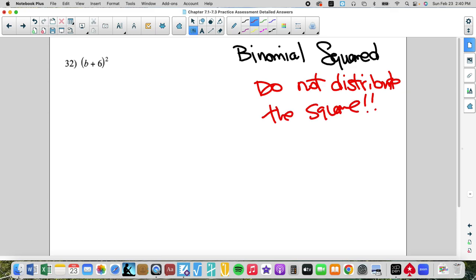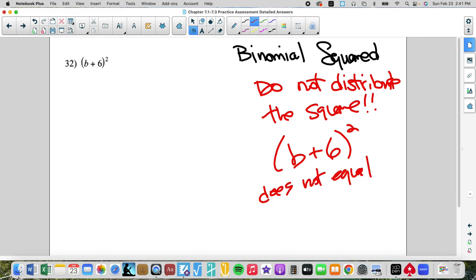Do not distribute the square. B plus 6 quantity squared does not equal b squared plus 36. No, it does not. We must write this out.